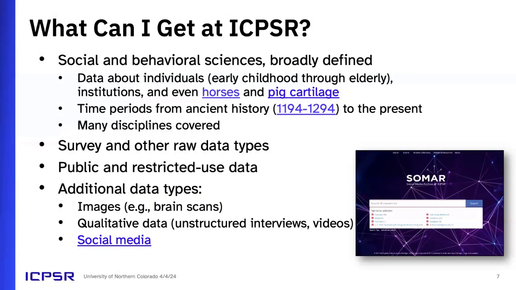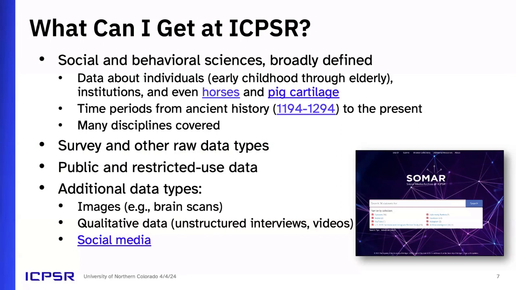So what is it that you can get at ICPSR? I mentioned that we're a social and behavioral sciences data archive. We define that really, really broadly, and it continues to get broader all the time. We started as the Inter-university Consortium for Political Research, ICPR. They added the social somewhere in the mid-70s, I think 1975.